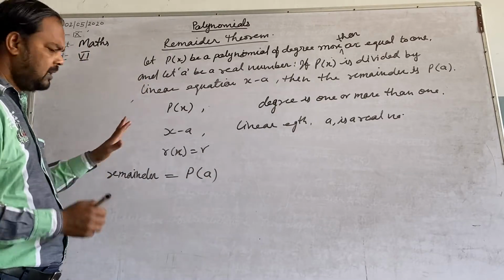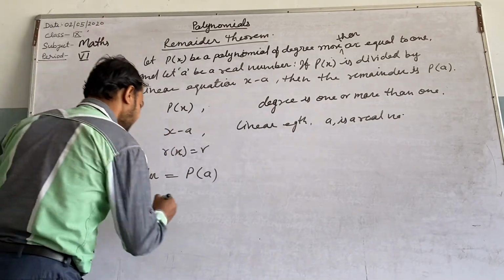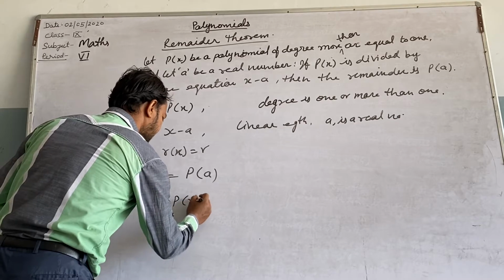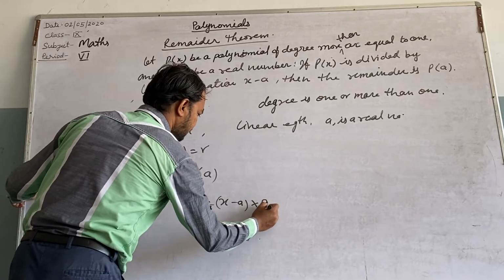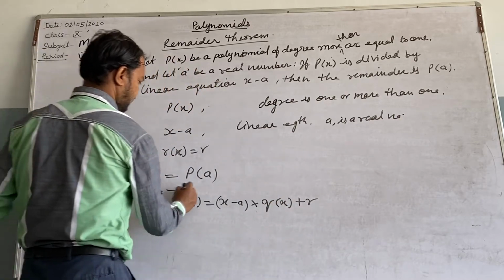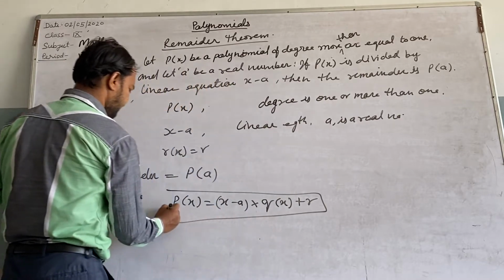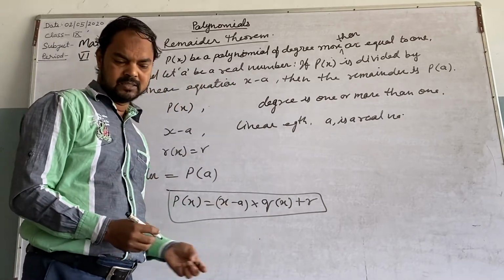This is the remainder theorem. We can also write it like this: P(x) equals (x minus a) into quotient plus remainder. You will learn this in detail in class 10.